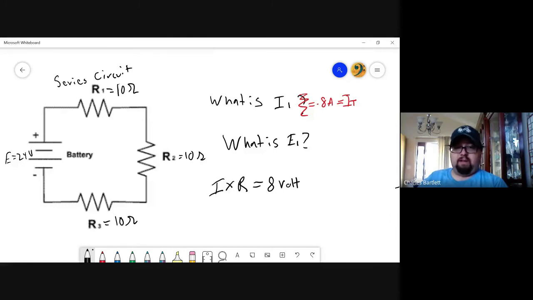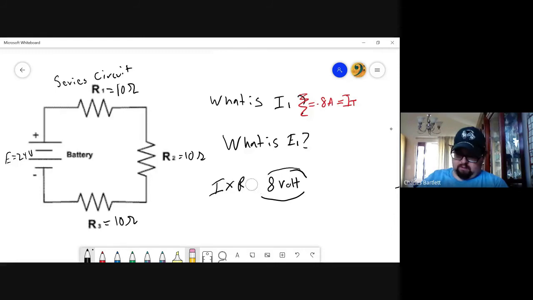Now, to tie it all together, volts in a series circuit, just like resistance, because they are directly proportional to each other, meaning that they affect each other in a positive way, add up as well. Let's back up.